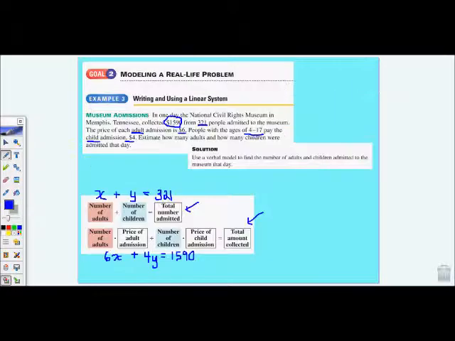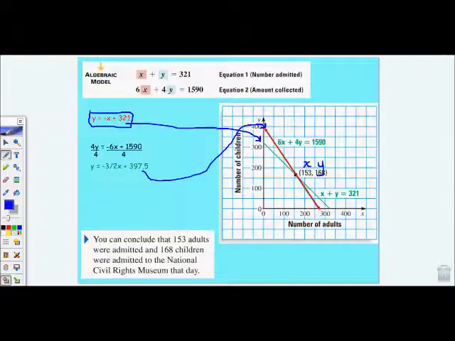So if we go back to our original problem, x was giving me the answer of how many adults there were, and y was giving me how many children there were. So we can see 153 adults and 168 children. When we add those together, we get the 321 people that came to the museum that day.